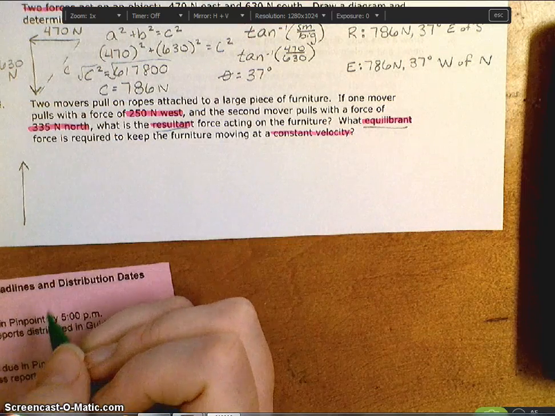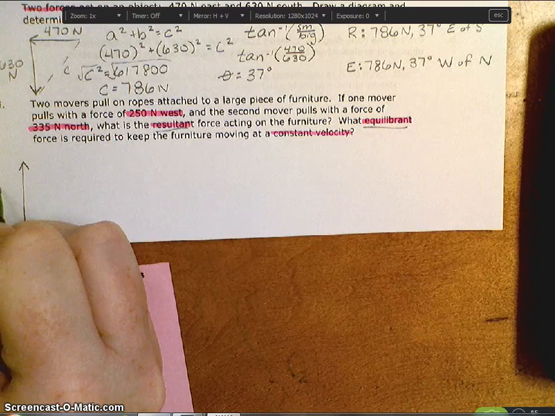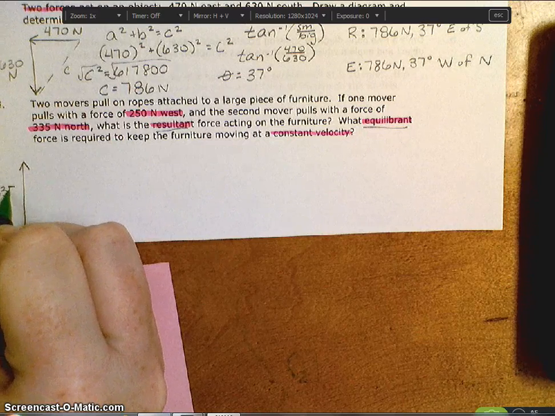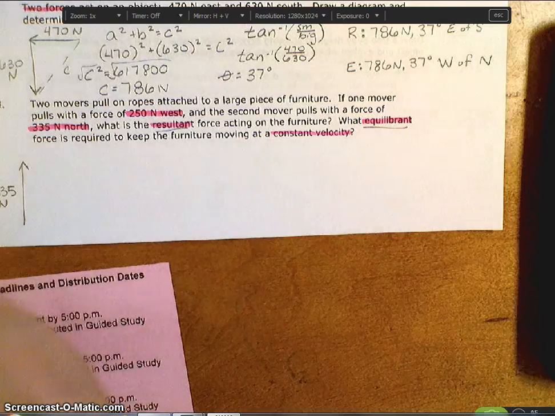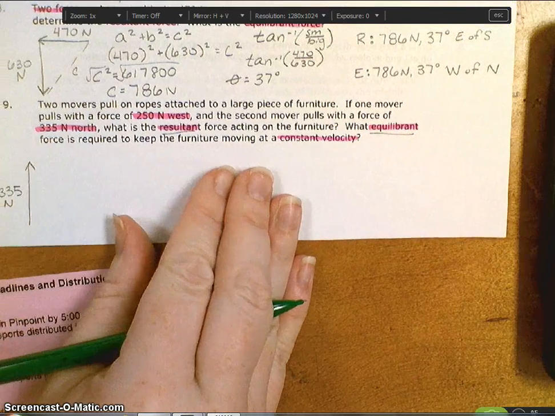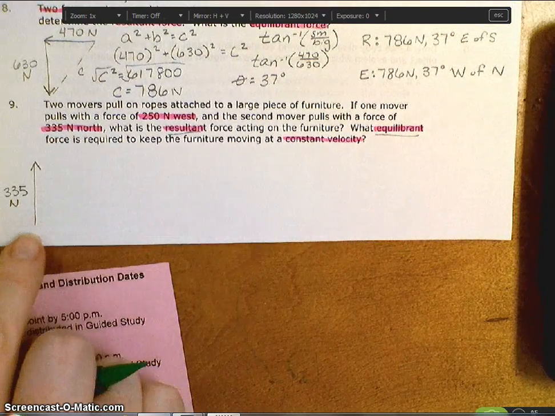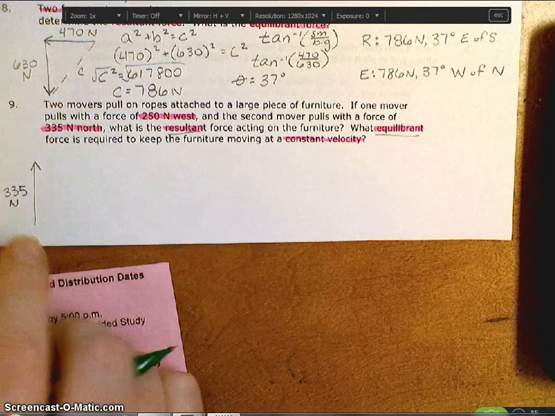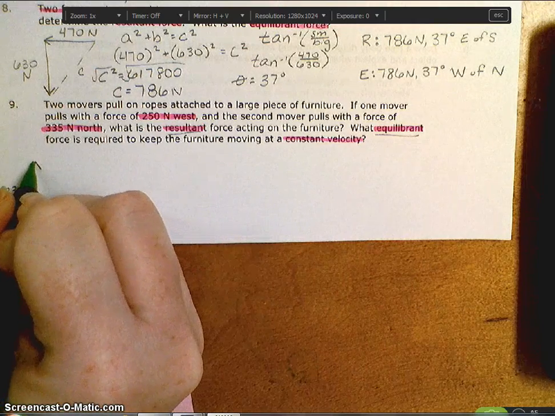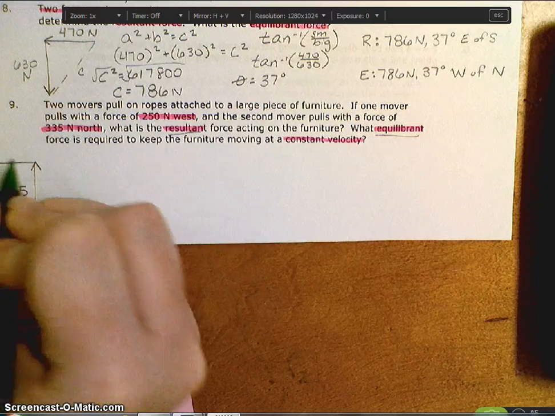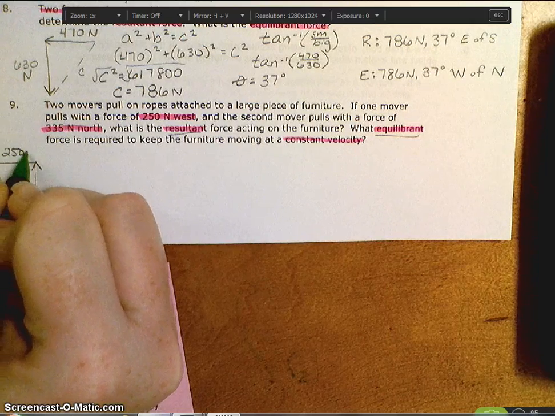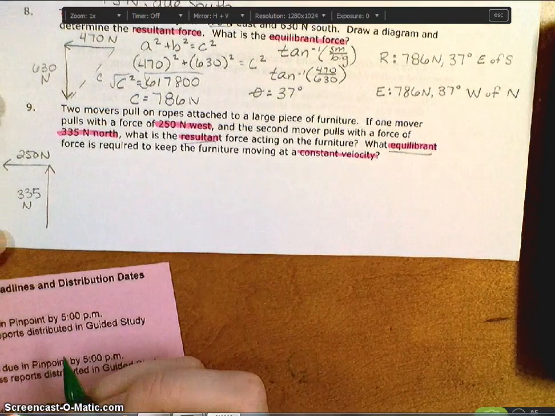Technically, you are supposed to draw the big first. I forgot that last time. It doesn't change your answer as long as you're always doing small of big. Let me move that over a little so you can see. My big vector is 335 north. My small vector is 250 to the west.